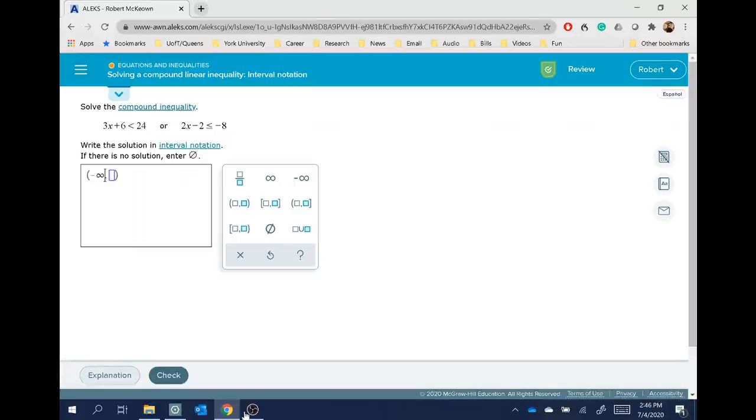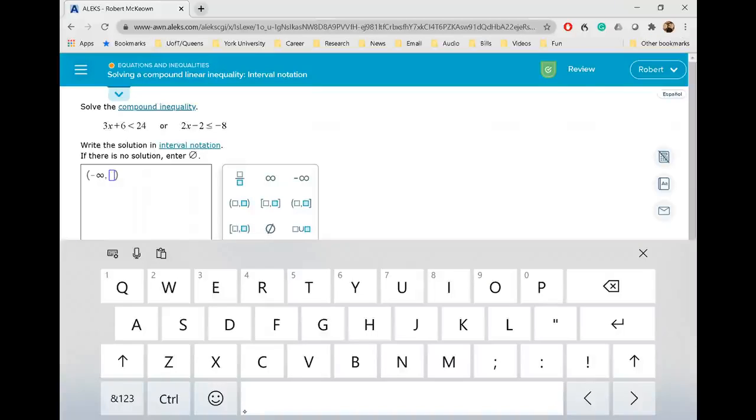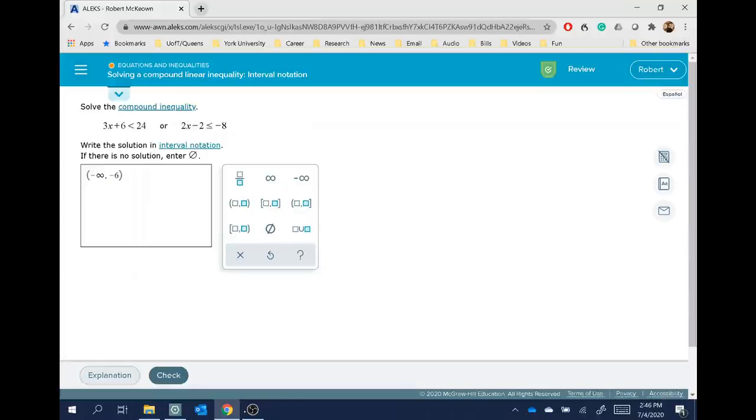So I'm going to put a negative infinity symbol in there, and the maximum value it can take on is something just a little bit less than 6. Oh no, sorry, that was 6. Any value less than 6.